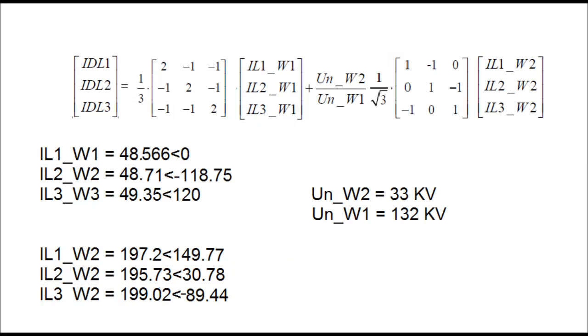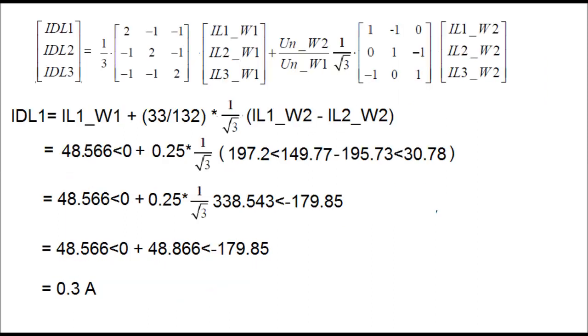In this matrix equation, the values of A and B have been given, and the red phase, yellow phase and blue phase currents for HV side and LV side are given in this figure, and the LV side phase-to-phase voltage and HV side phase-to-phase voltage are given.